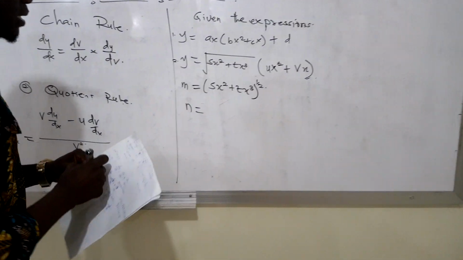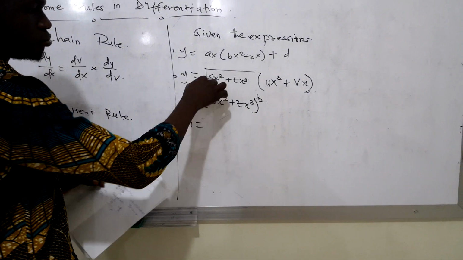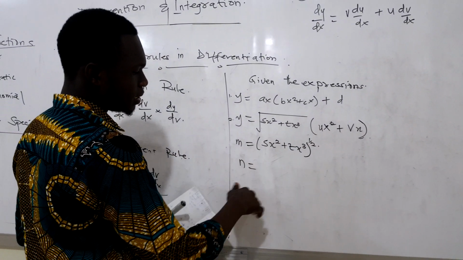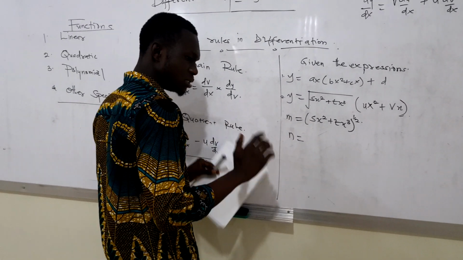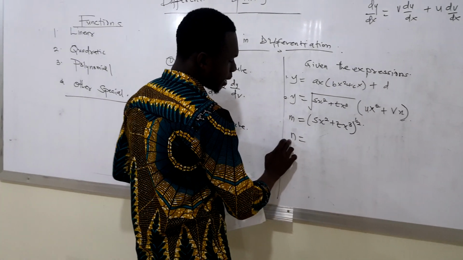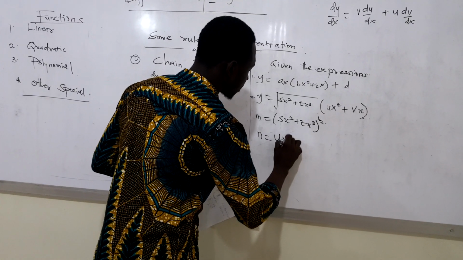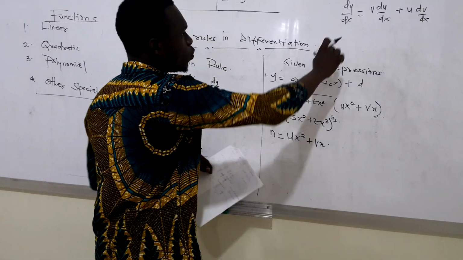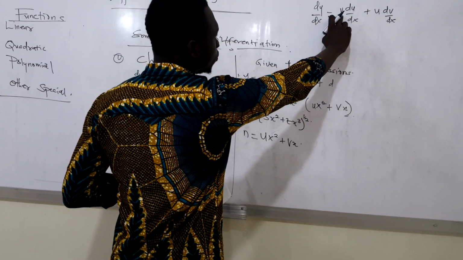You choose appropriately. I have used some variables for my coefficients, so in this case I have to use a different variable in order not to confuse us. So I'm representing m to be u x squared plus v x.